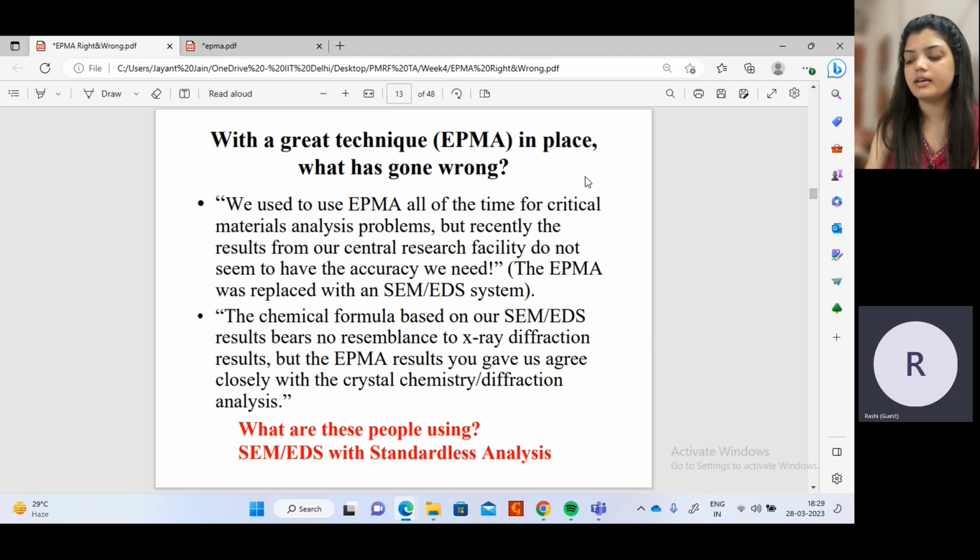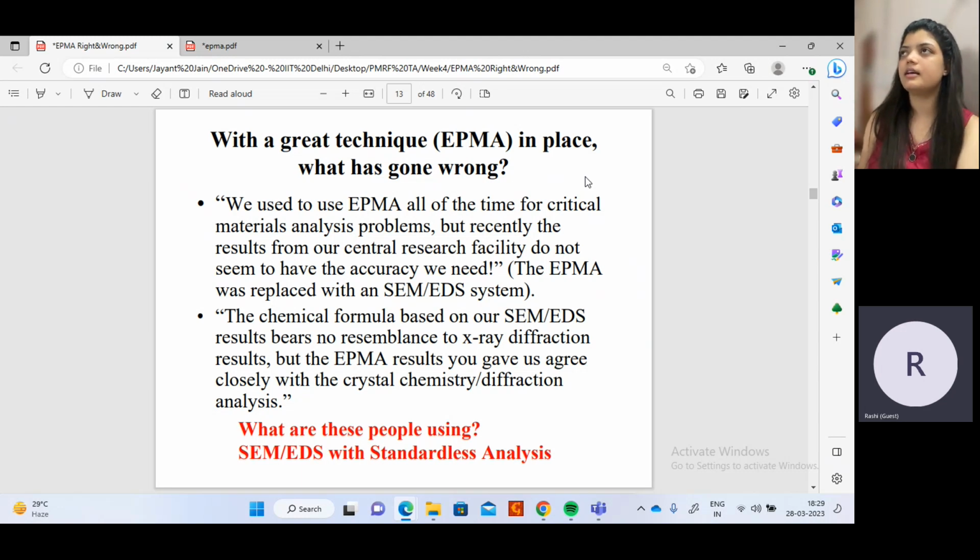What happens in the case of SEM EDAX is that the sample is not compared with a standard. But in the case of EPMA, one standard sample will be there, for instance pure magnesium, and when you do your sample analysis, it will compare with the magnesium which is already present, and depending upon the intensity of the peak, it will tell whether it is 100% magnesium or 80% magnesium.